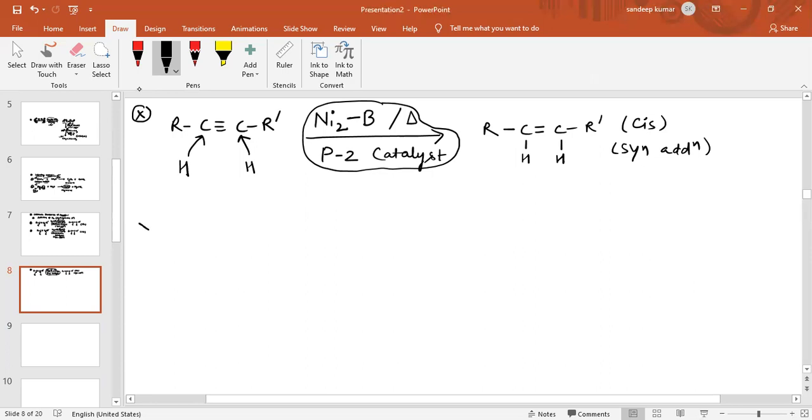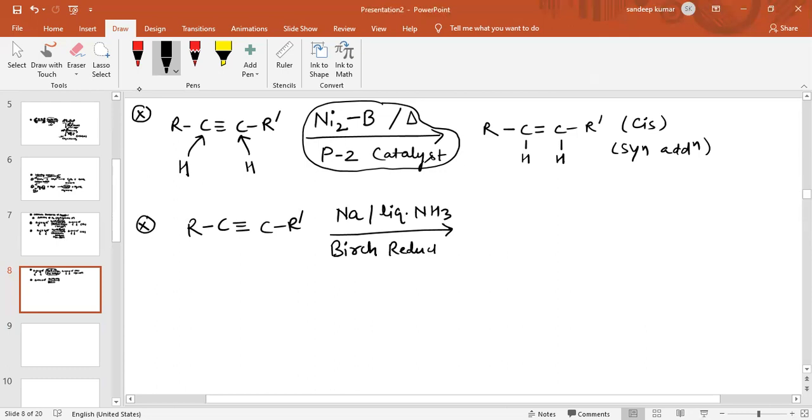Now see some more reactions of alkynes, because we are discussing the chemical properties. If R C triple bond C R dash reacts with sodium and liquid ammonia, this reduction we call Birch reduction.